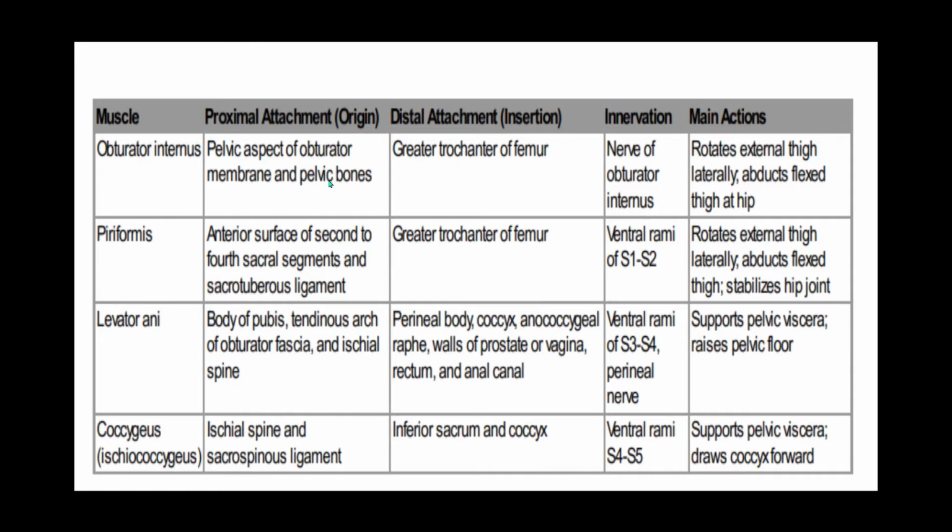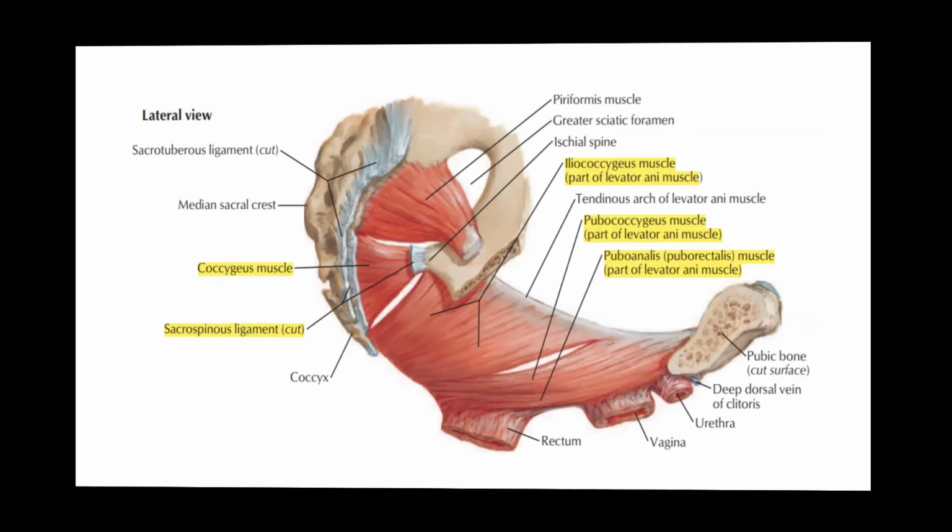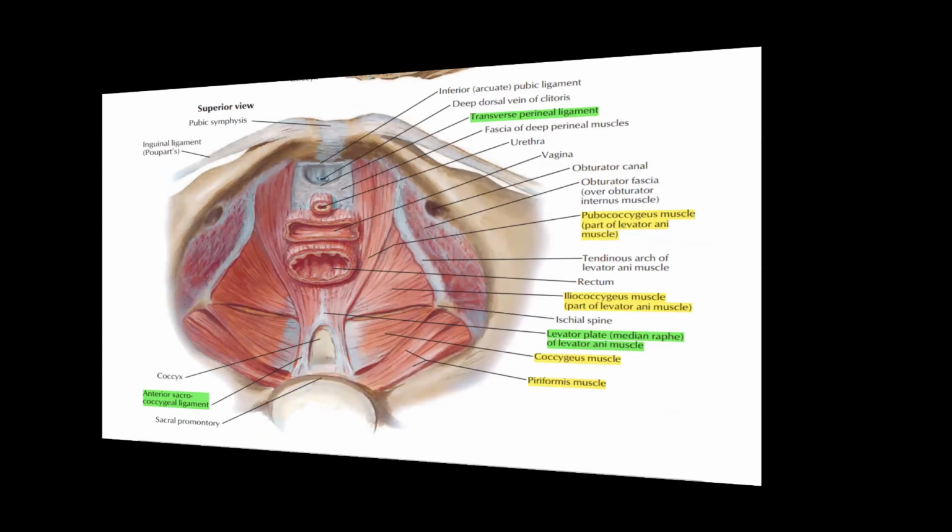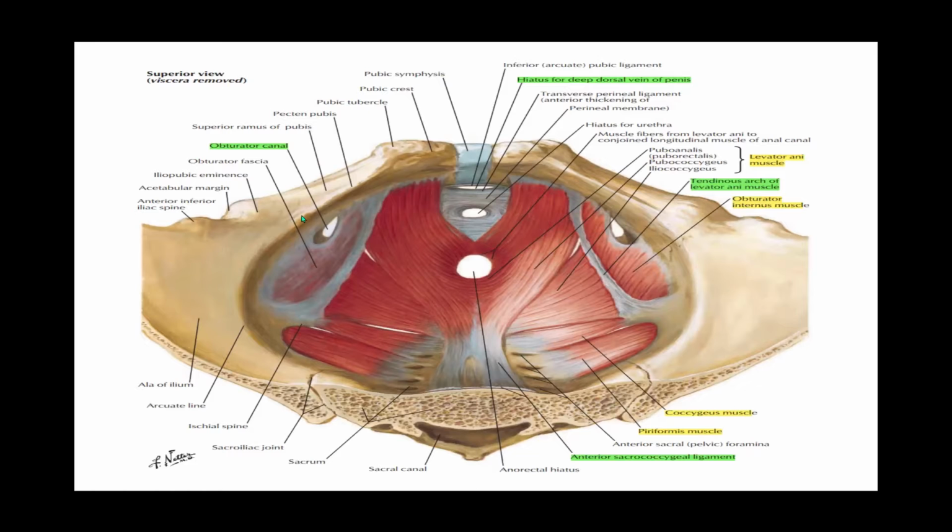Because the obturator membrane, I've inserted a slide that shows us that. The obturator membrane lies deep to the obturator internus muscle, and on the pelvic aspect, which is the internal aspect of the obturator membrane, originates the obturator internus.